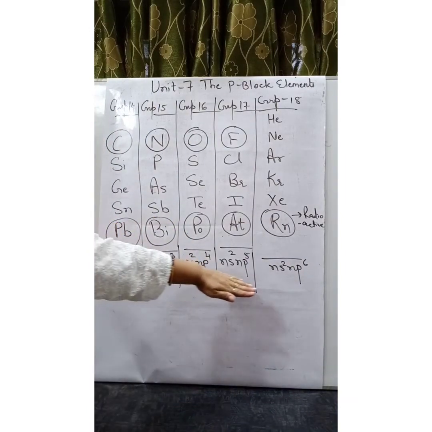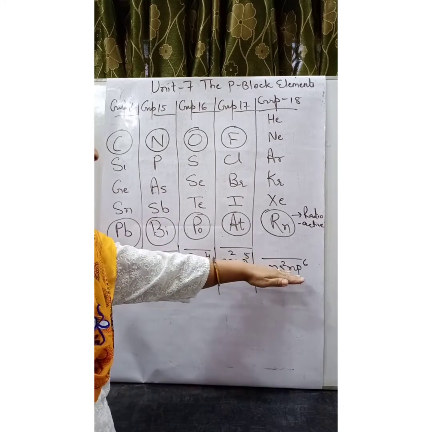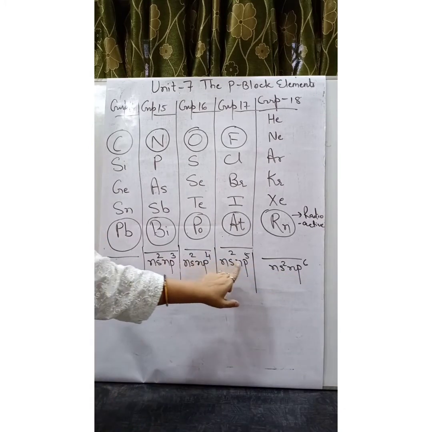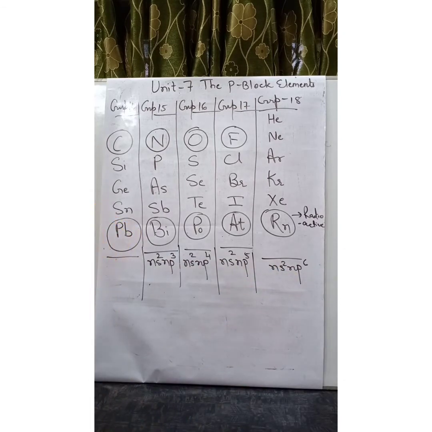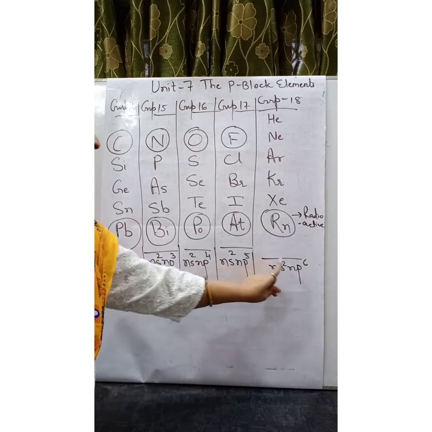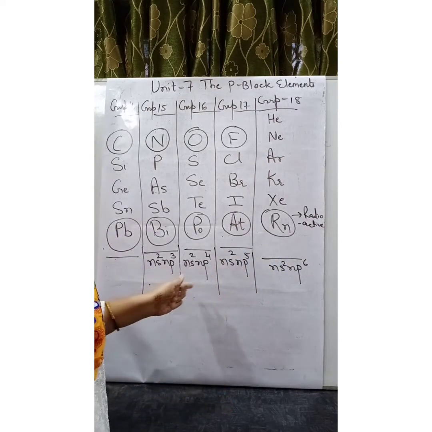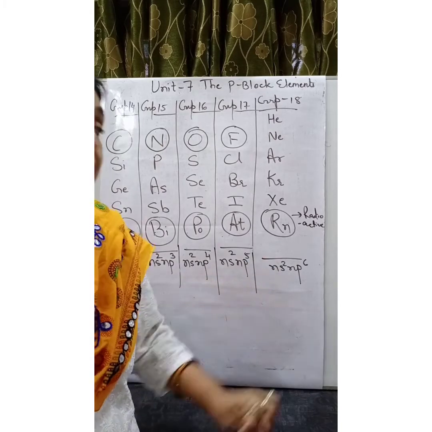If you look at the electronic configuration, you will notice that as we move from left to right in a period, the number of electrons is increasing in each atomic orbital. The orbital remains the same, so every time the electron is placed in the same orbital, but the number of valence electrons is increasing.